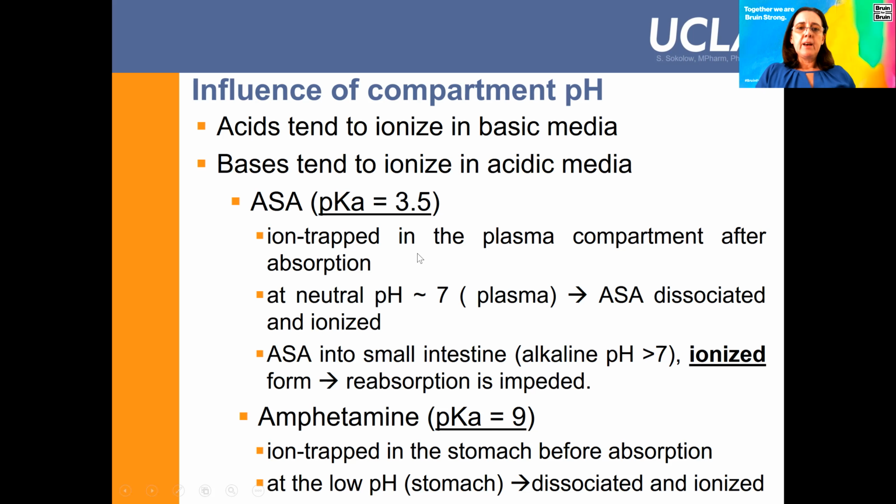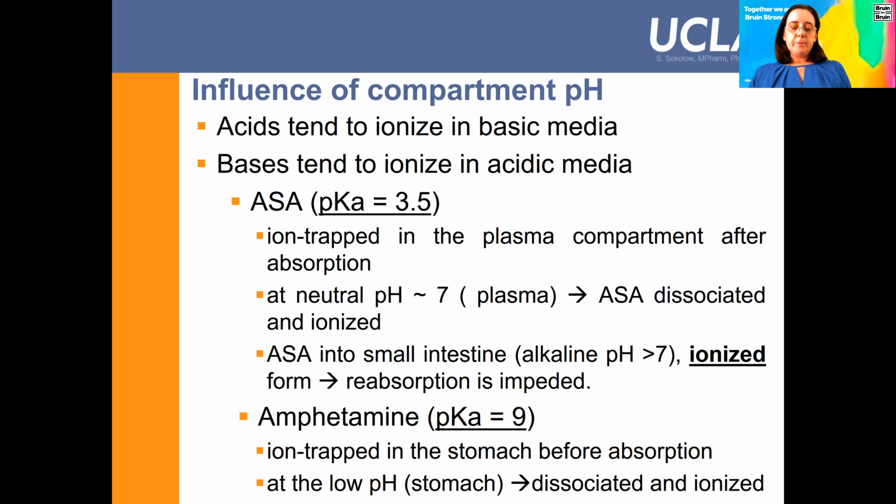So drugs that are more acidic are going to be ion trapped in the plasma compartment after absorption, because plasma is more neutral, less acidic than the stomach, so the drug becomes dissociated. And when it's dissociated, when it's ionized, it cannot go back to the stomach. It's trapped right there in the blood flow, and then it can be distributed to the site of action.